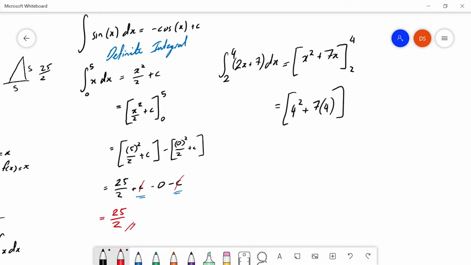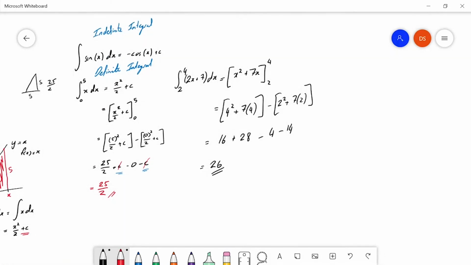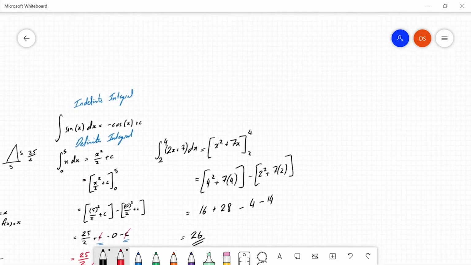And that c that we've always had, because we're doing definite integrals, we can just not write it because we know it will cancel. 4 squared is 16, 7 times 4 is 28, so we have 16 plus 28 minus 4 minus 14. So if you work this out, you will get 26. Check my maths for me, it might not be right. But this is called definite integration. So this finds the area between the line and the x-axis.